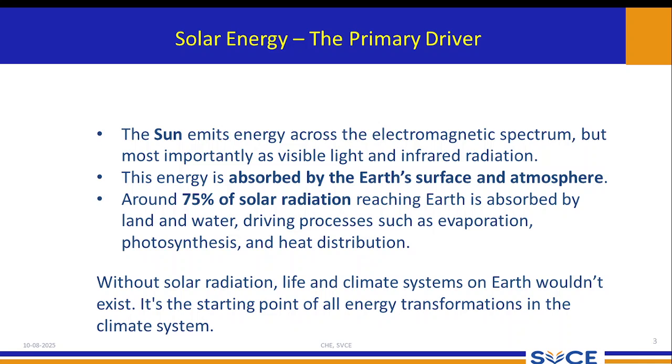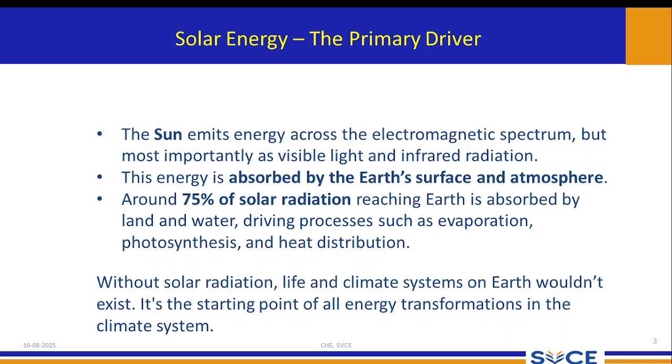About 75% of the solar radiation reaching Earth is absorbed by the land and water. We already know 3/4 of the Earth is occupied by ocean, that is water, and the remaining 1/4 is covered by land. This drives processes such as evaporation, photosynthesis, and heat distribution.